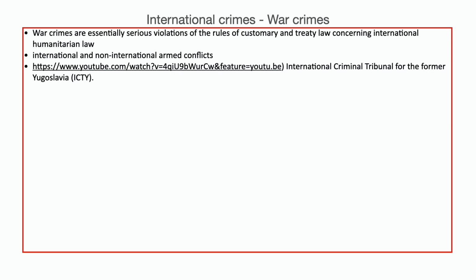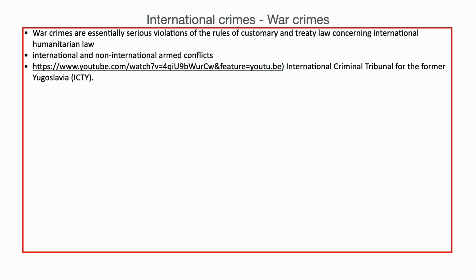The Tadić case before the International Criminal Tribunal for the former Yugoslavia laid down the main principles. International humanitarian law applies from the initiation of armed conflicts between government authorities and organized armed groups, or between such groups within a state. The distinction between international and non-international armed conflicts was thus minimized.